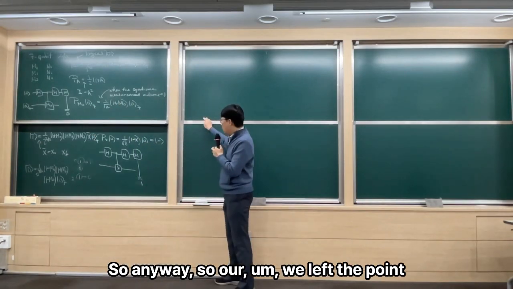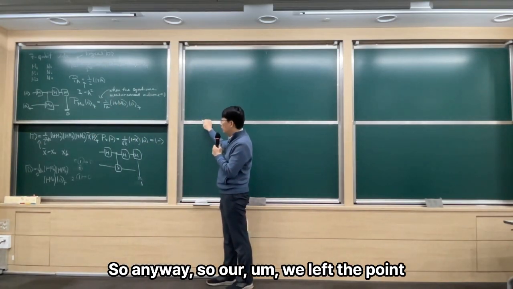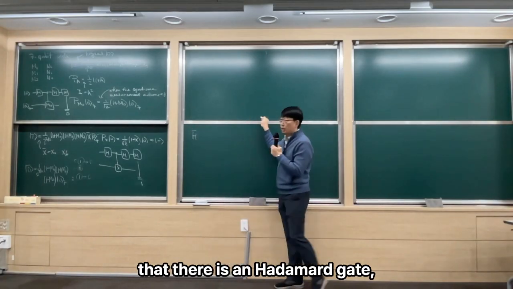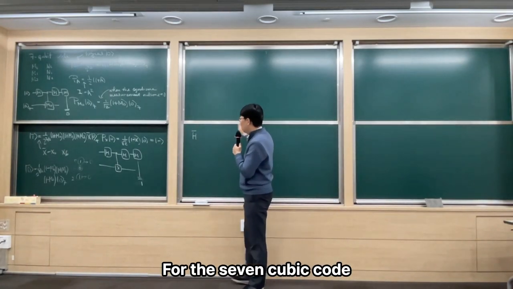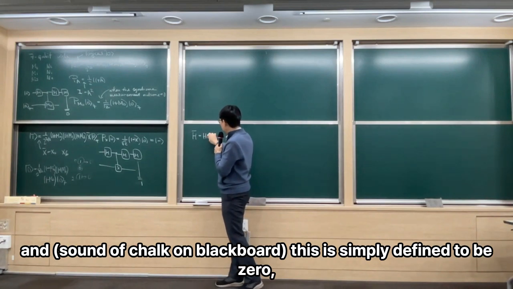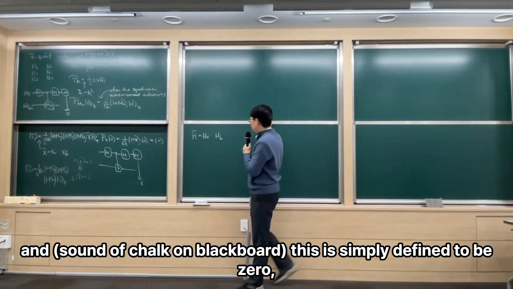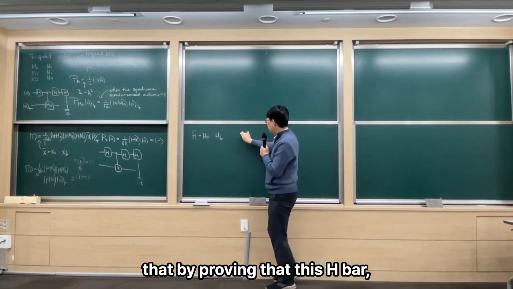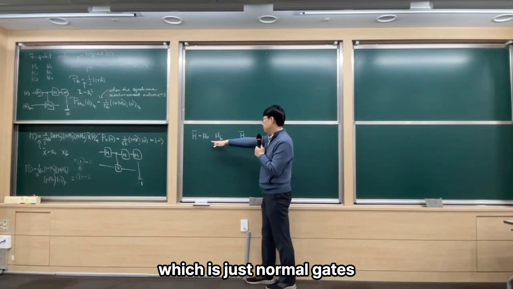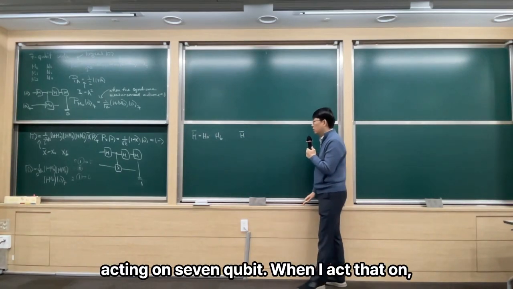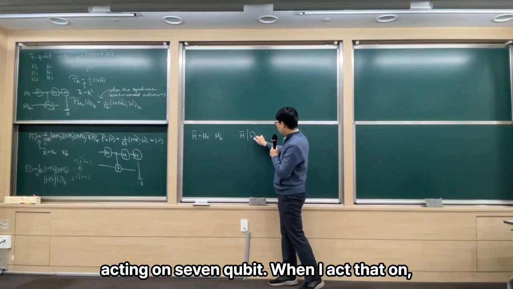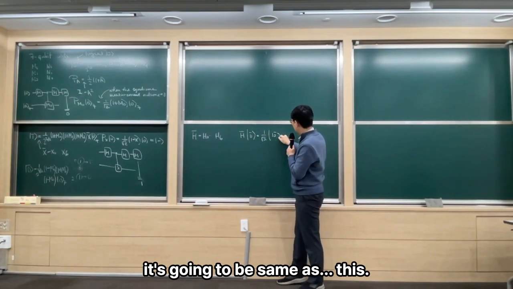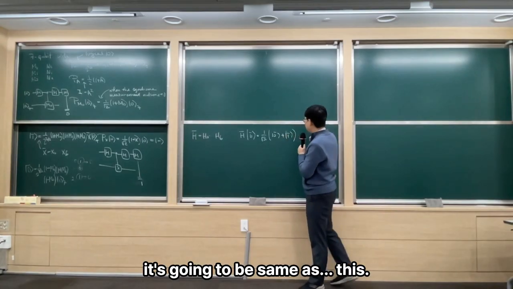So anyway, we left off at the point where we want to explain that there is a logical Hadamard gate for the 7-qubit code, and this is simply defined to be H0 to H6. And we're going to show that by proving that this H bar, which is just normal gates acting on 7 qubits, when I act it on logical 0 cat, gives the same as this.